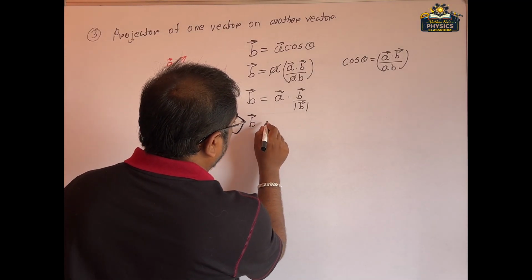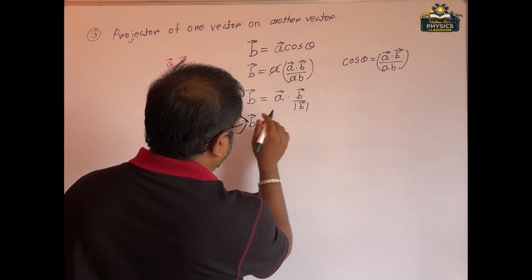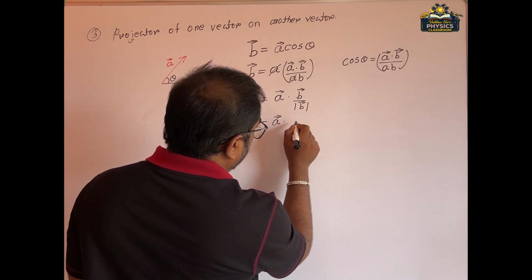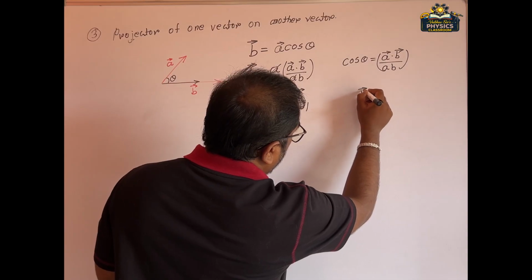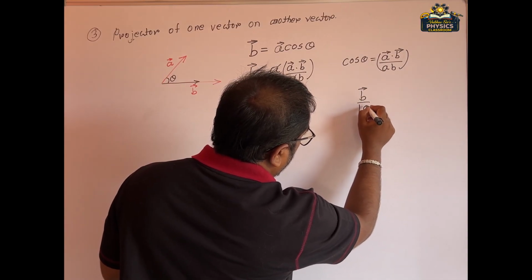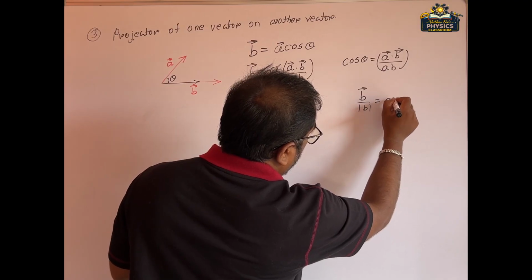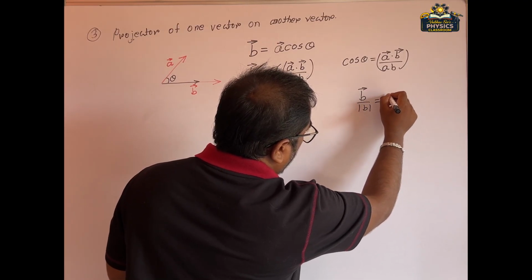The projection of vector a on b will be a dot b divided by magnitude of b, times b vector divided by magnitude of b. This is called the unit vector of b.